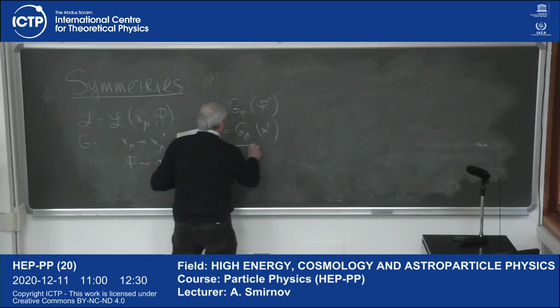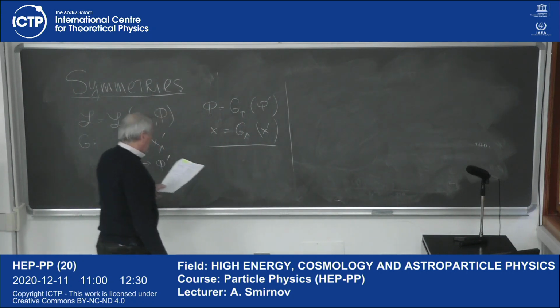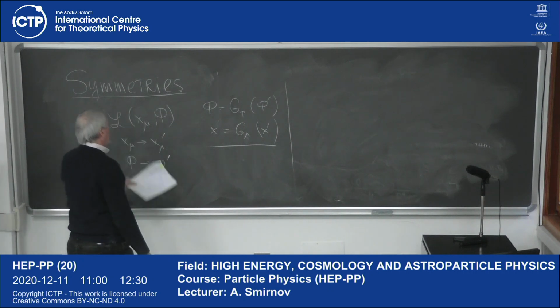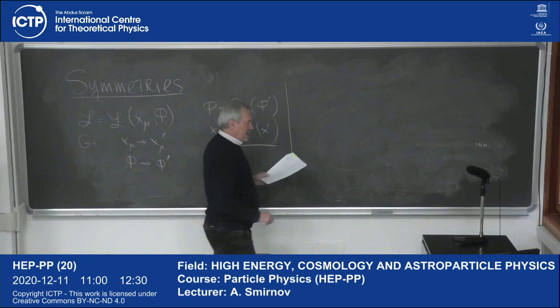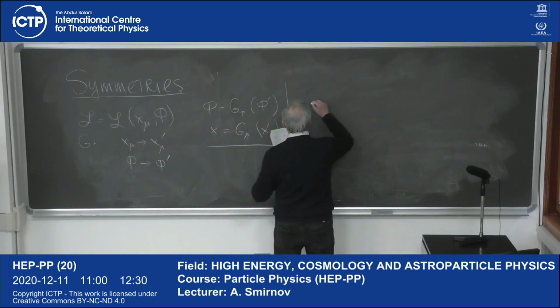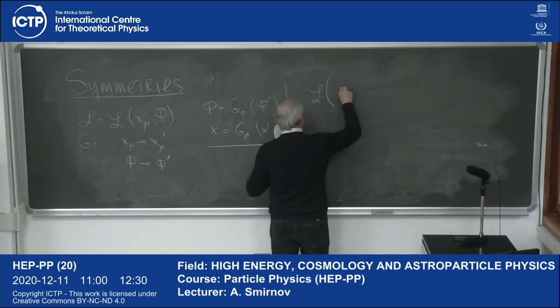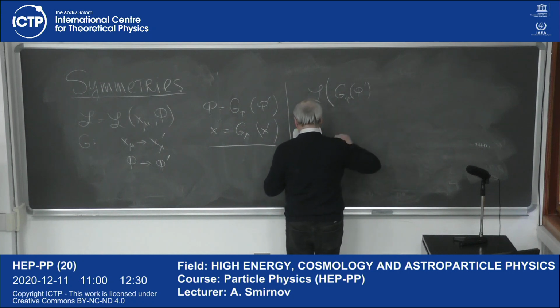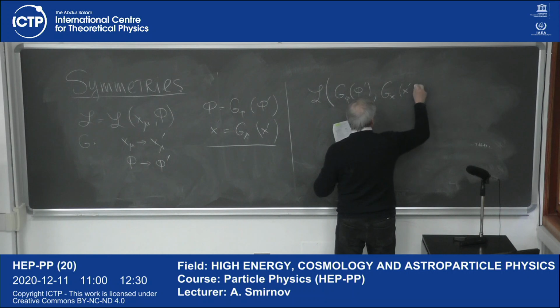So, once you introduce this, you can check invariance of your Lagrangian. What are you doing? You are inserting here f and x in terms of f prime and x prime. And you will get the Lagrangian of g f f prime, g x x prime.